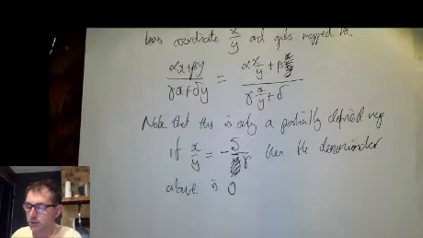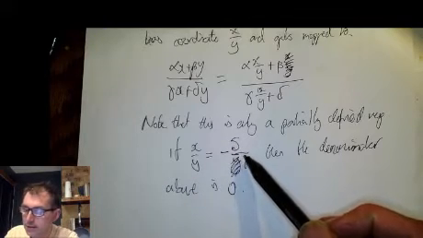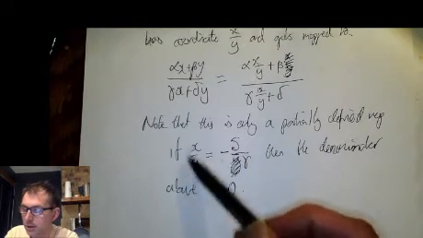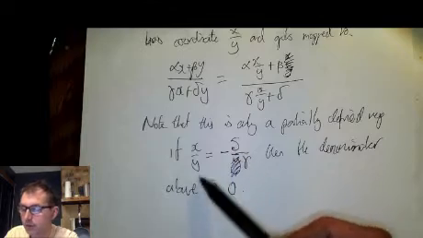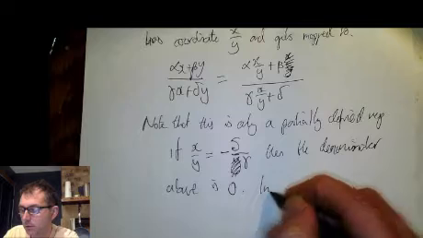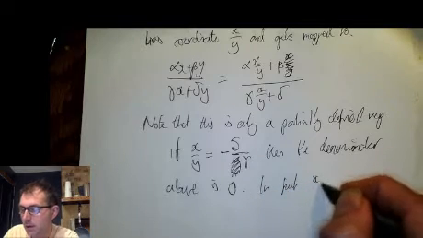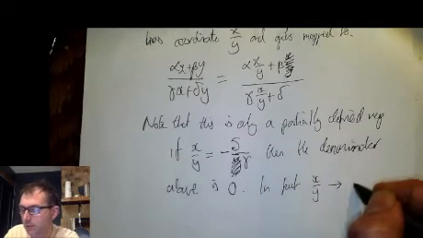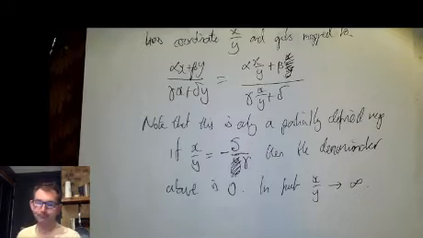And in that case, you end up sending x over y to the point at infinity. In fact, x over y gets mapped to the point at infinity.